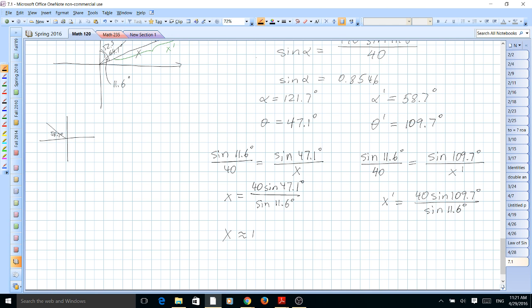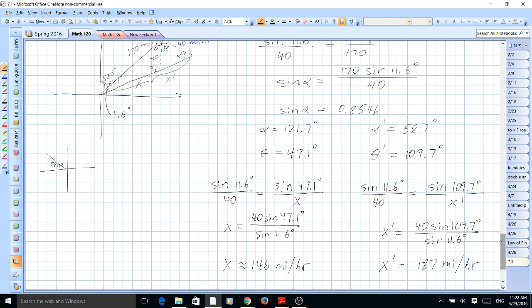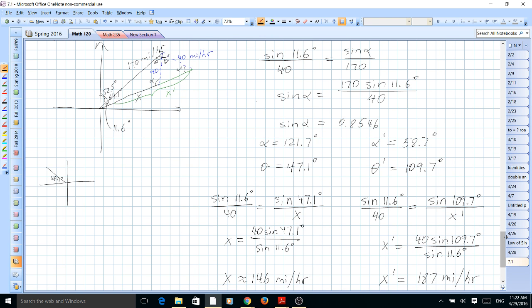X will come out to approximately 146 miles per hour, and x prime will come out to 187 miles per hour. So if the wind is helping the plane, it'll go faster. If the wind is against the plane, it'll go slower. That's the end of that.